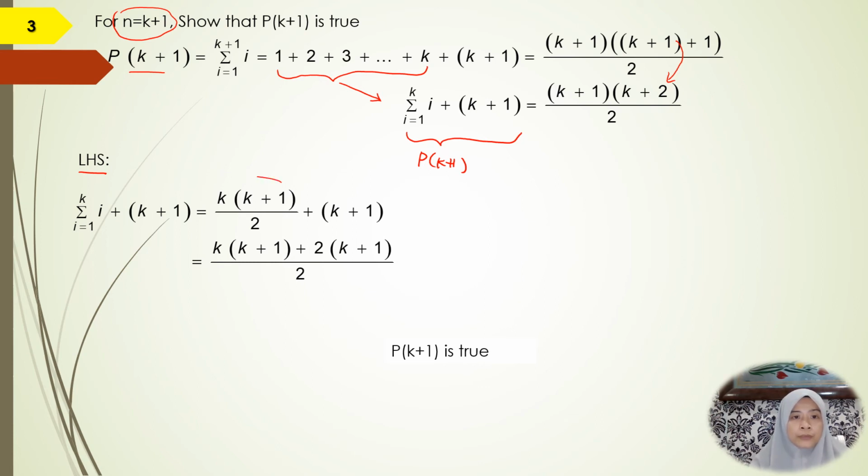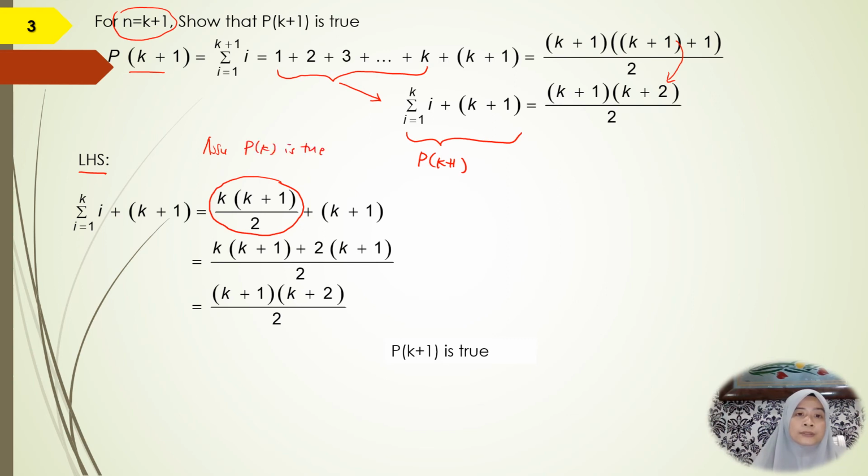Where we get this is from the second step, where we already assumed that Pk is true, right? So it will be equal to this. You can refer to the second step. So plus k plus 1.